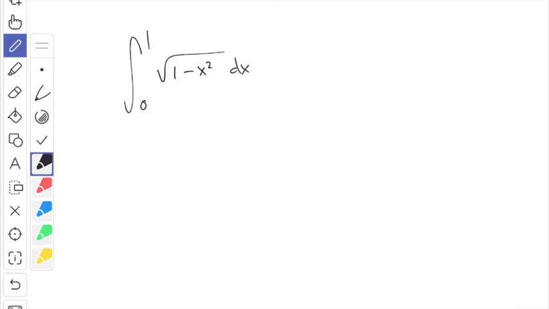Let's do it. Here's the idea. We do the substitution x equals sine theta. This is an inverse substitution because I'm telling you what the x is rather than telling you what the theta is. In our book, they use theta rather than u for these. You could use u if you want to, but I'm going to do this substitution, x equals sine theta.